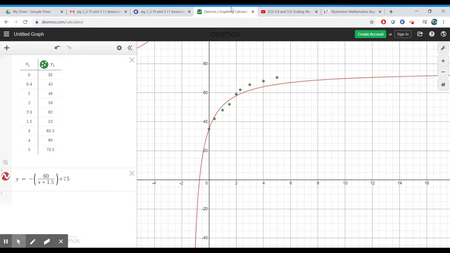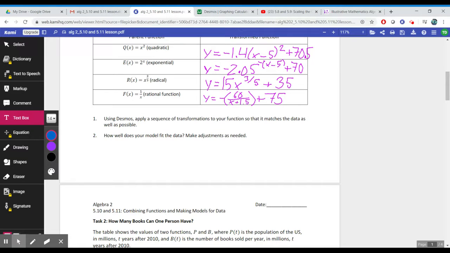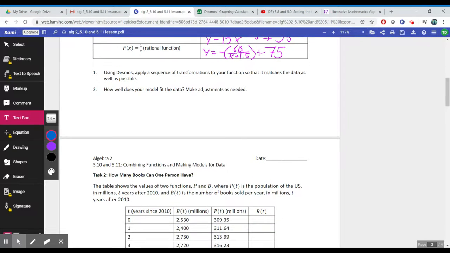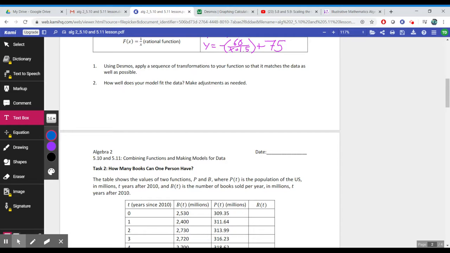Even if you had slightly different equations than I did here, just base your answer off of your own. Tell us which type of parent function you were able to transform to fit the data the best. Was it the quadratic, exponential, radical, or rational? So pause the video, do that, and then we'll move on.